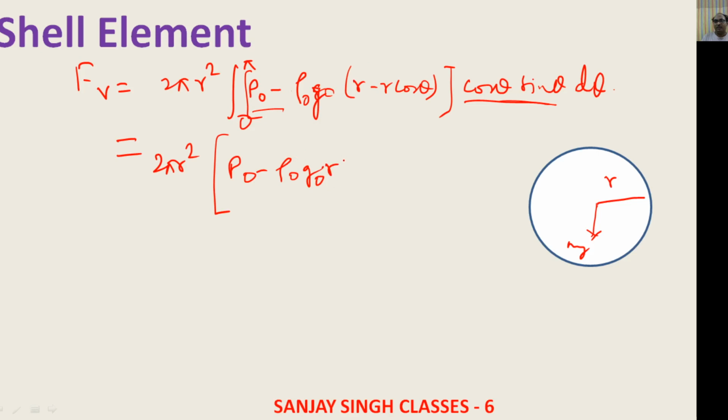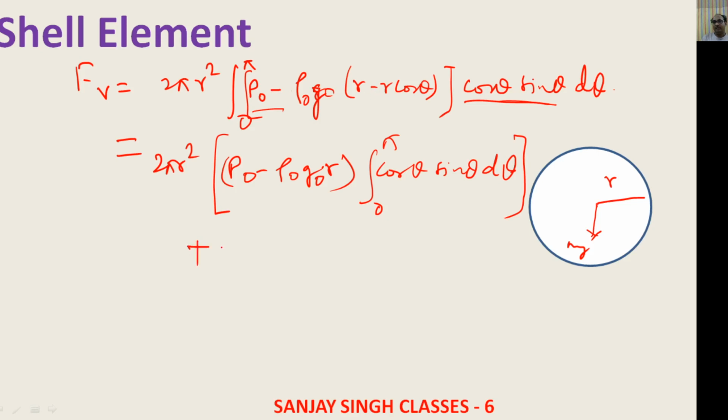So this one will go outside, and we are having 0 to pi. So simply cos theta sin theta d theta. This is one part. And then in between, minus and minus becomes plus.